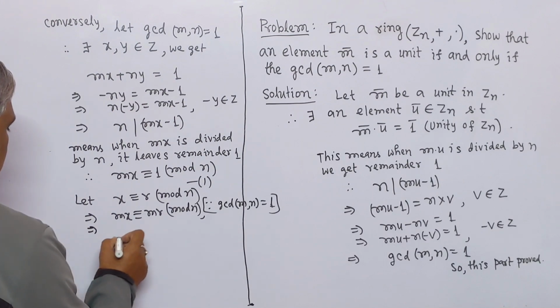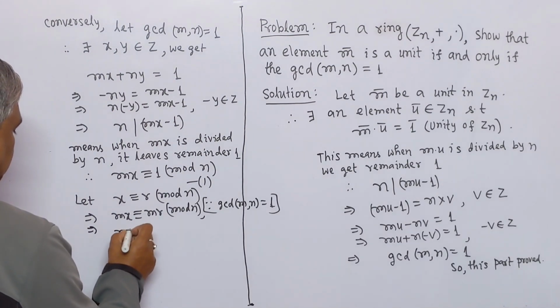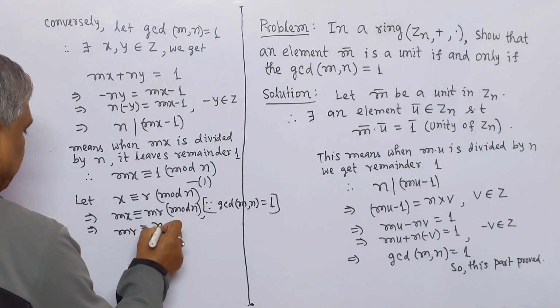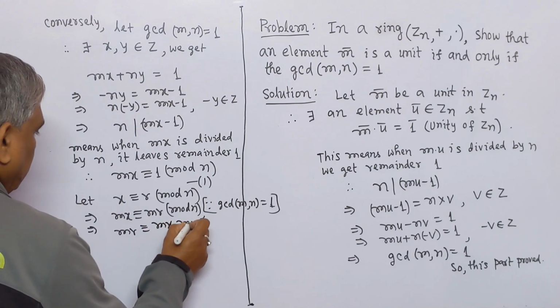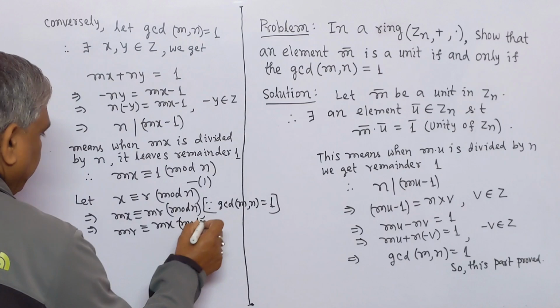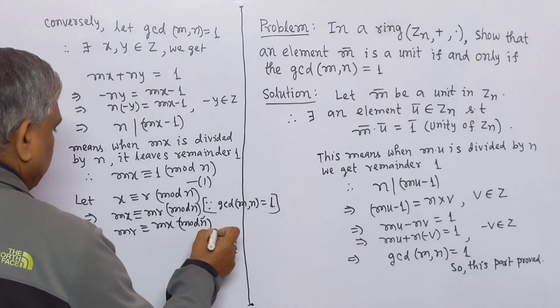This implies that mr is congruent to mx modulo n. This is number 2.